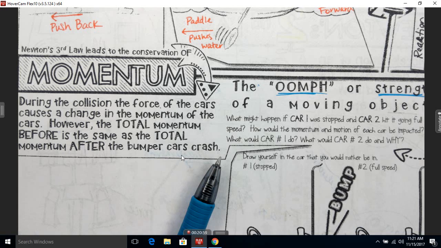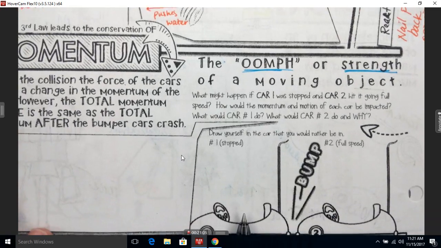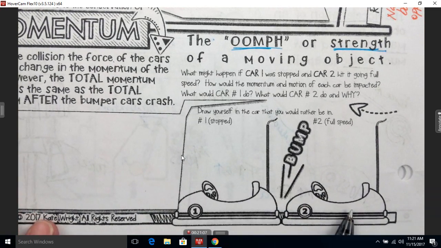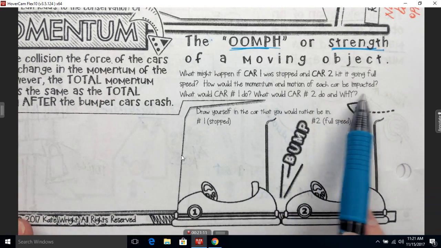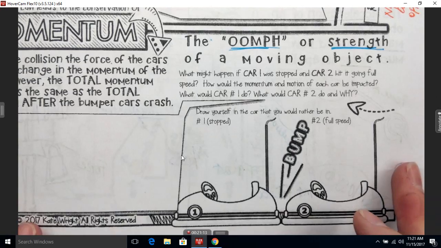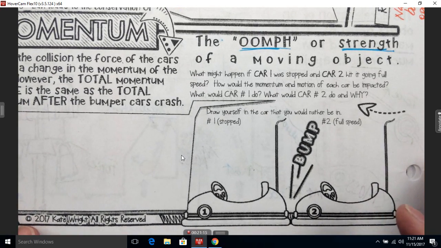Two things are surfaces touching. So what might happen if car 1 was stopped and car 2 hit it going full speed? How would the momentum and motion of the cars be impacted? Well, the car that he hit would go forward.